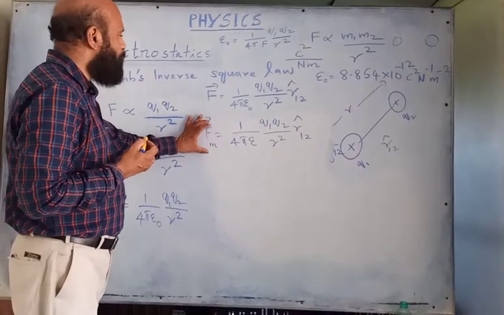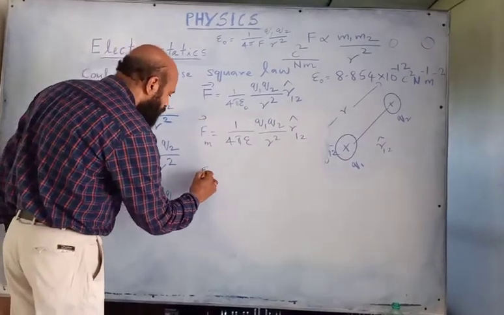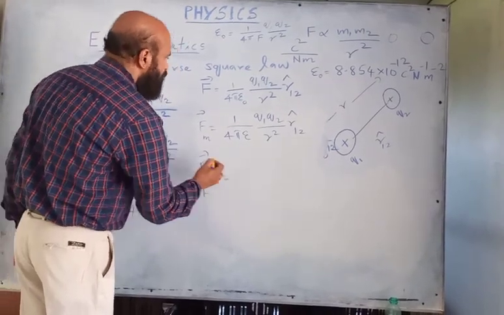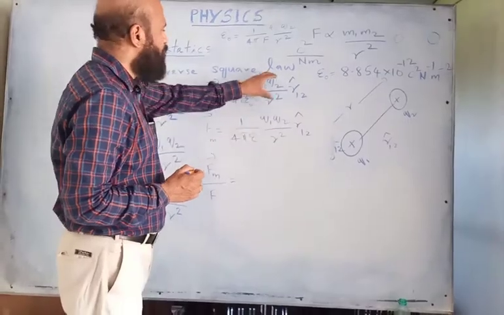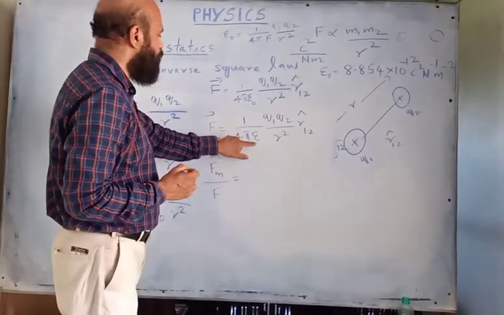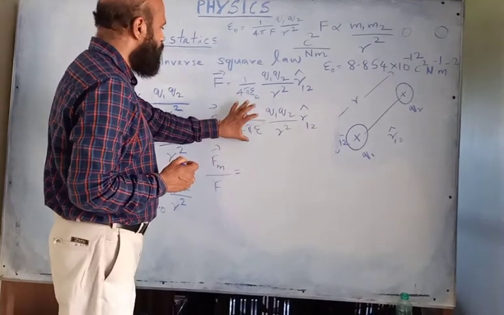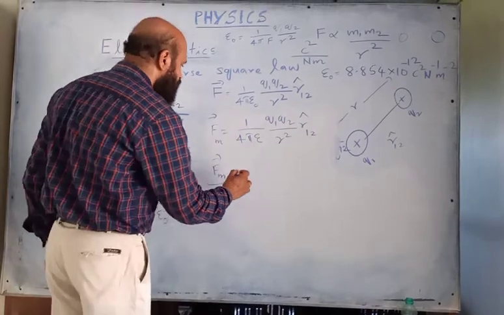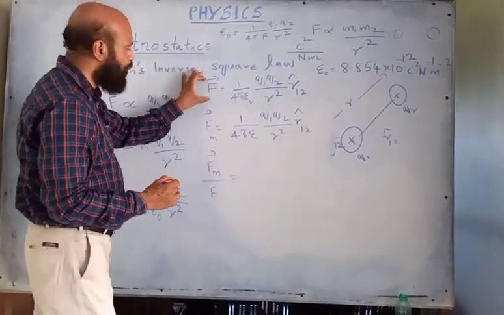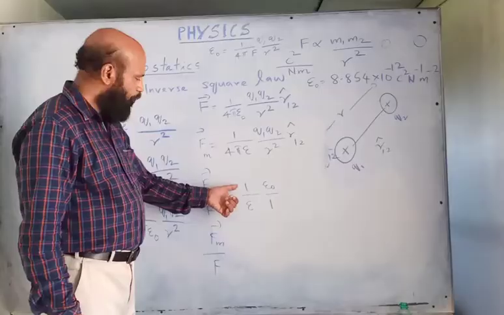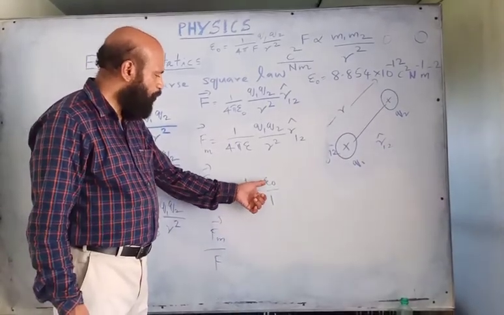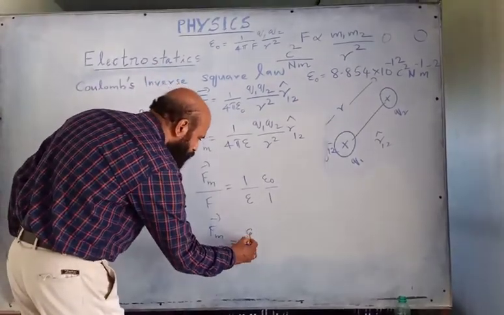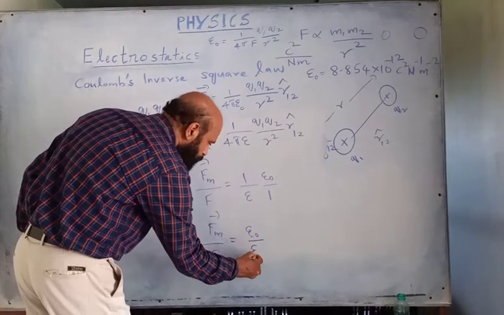If you divide this expression by this expression, we can compare. All the terms will get cancelled except epsilon and epsilon 0. So 4 pi and 4 pi get cancelled, leaving 1 by epsilon into epsilon 0 by 1, so epsilon 0 divided by epsilon.